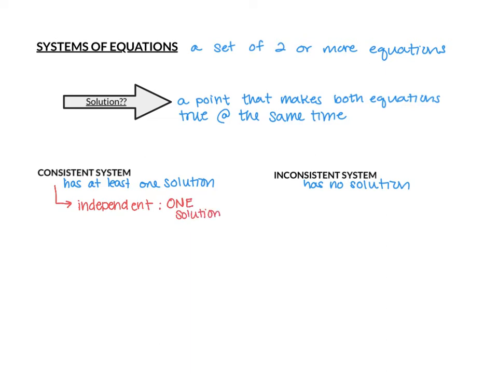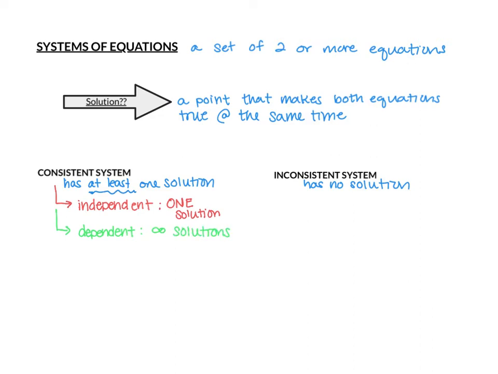You can see that consistent system says has at least one solution, so it can have one, but it can have more. The second type of system that comes from a consistent system is what we call a dependent system. And a dependent system has infinite solutions.